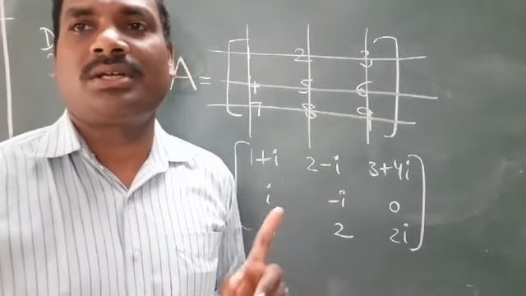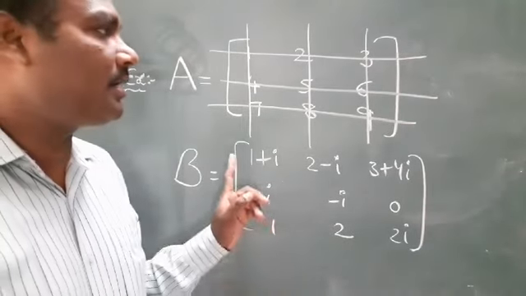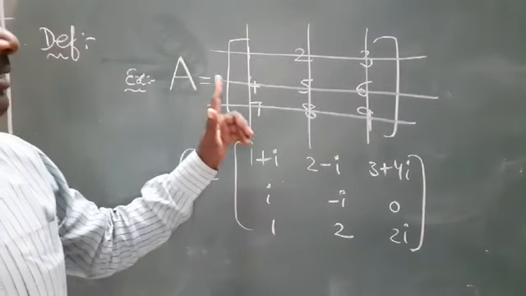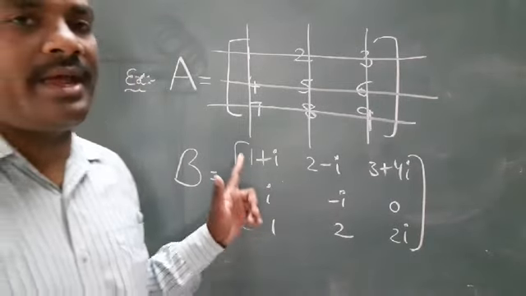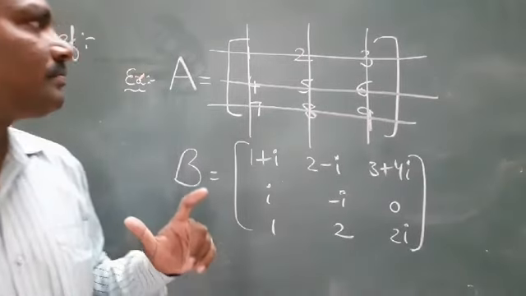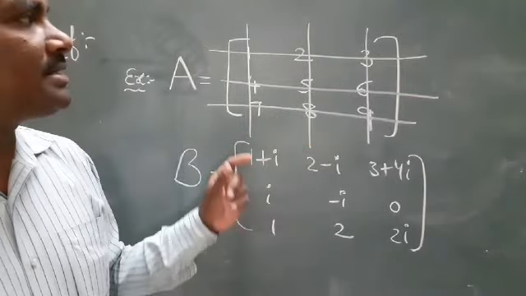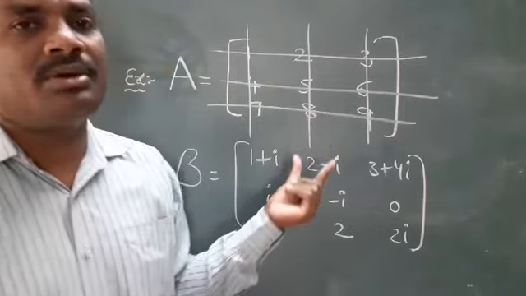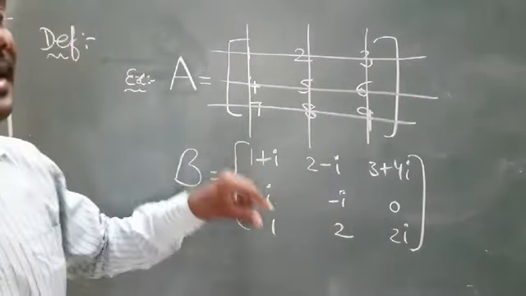If the complex numbers are arranged in a rectangular array consisting of the complex numbers in horizontal lines and vertical lines, it is called a matrix. Okay, here the elements of a matrix, these are the numbers of a matrix, are called elements or entries.